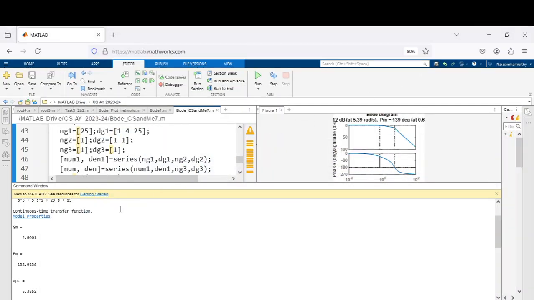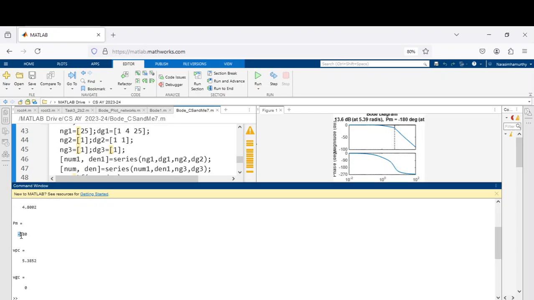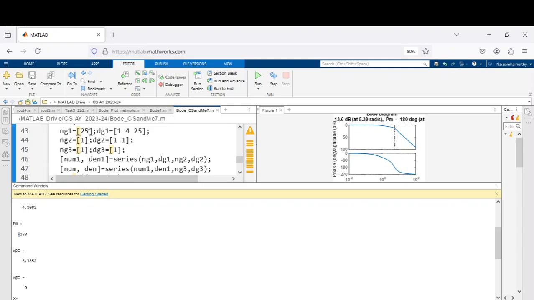So whatever you are getting for this 25, this minus 180, is not correct. This is actually plus 180 only. I just verified that by slightly making this more. Instead of 25, if I make it just 30, then you can see the phase margin of course slightly reduces from 180 degree to 136 or so on.